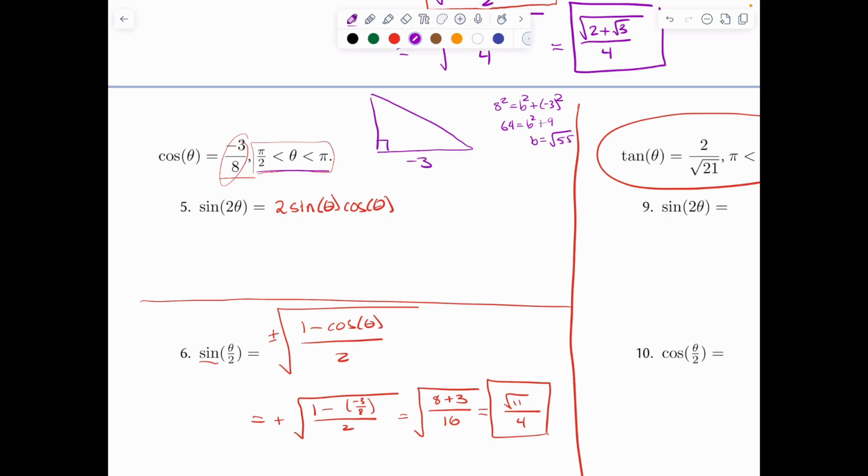Okay, so because this is a second quadrant angle, you know that this will be a positive radical 55 over here.